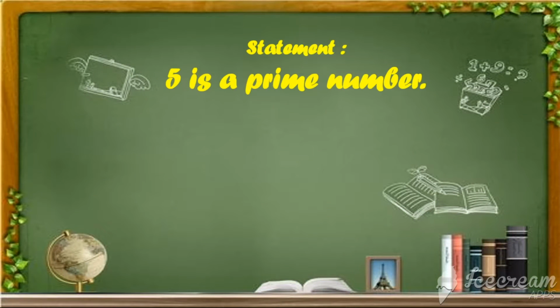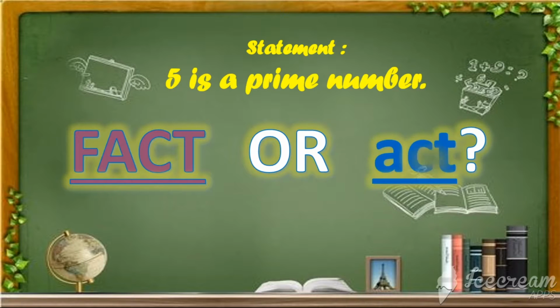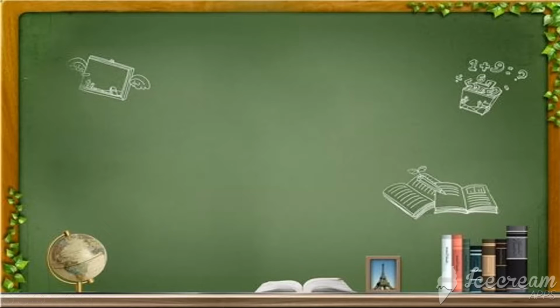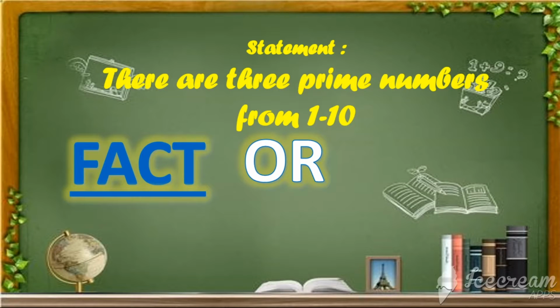Statement number 1: 5 is a prime number. Is it a fact or do we need to act? The correct answer is fact. Job well done. Our second statement: there are 3 prime numbers from 1 to 10. Is it a fact or do we need to act?